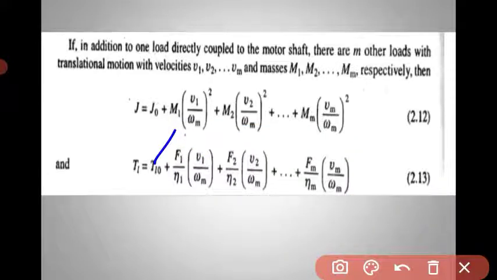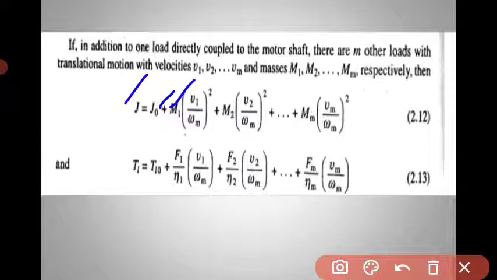First, T_L0: J0 is the moment of inertia, plus m1 is the mass. The first rotational motion is translated to linear translational motion.